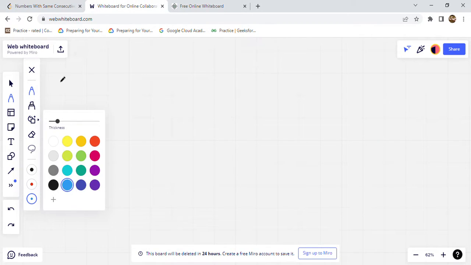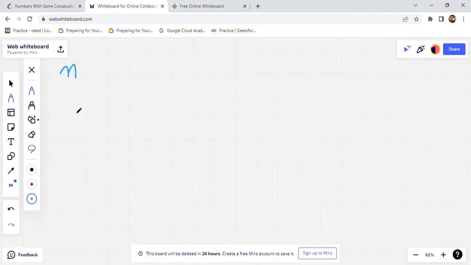Let's see from some examples. First, we will consider the case in which n is 1. What if the number of digits is 1 only? 1, 2, 3, these numbers contain only one digit. Now 0 also contains one digit, but in the question itself they have said that the leading digit should not be 0, so we are not returning 0.